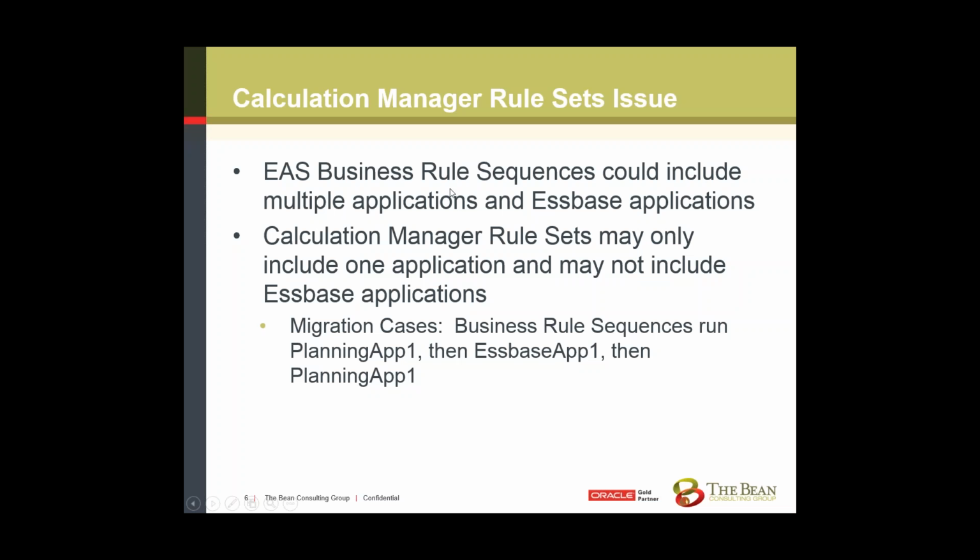So in EAS Business Rules, a sequence is really organizing perhaps a number of business rules to run in order and use the same runtime prompts throughout the sequence of rules that get run.